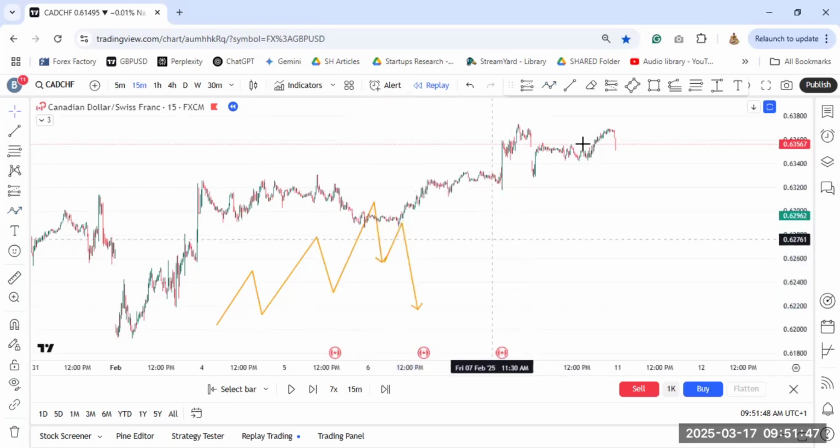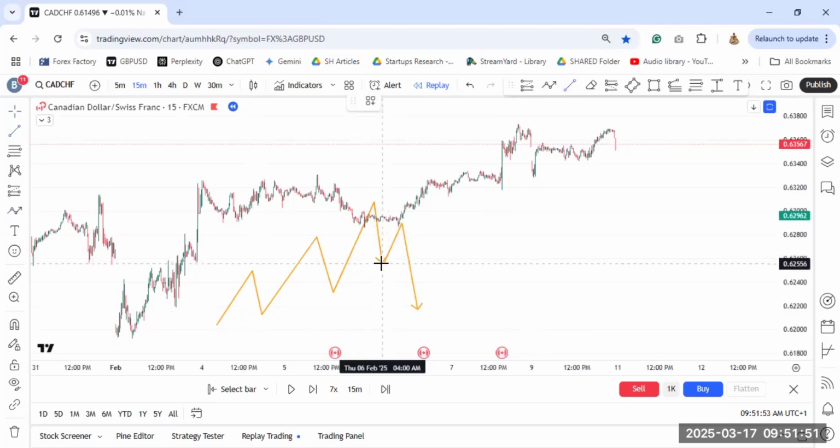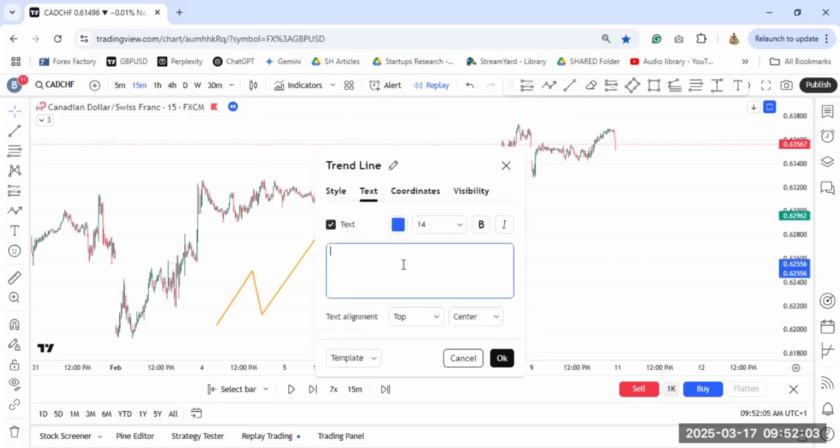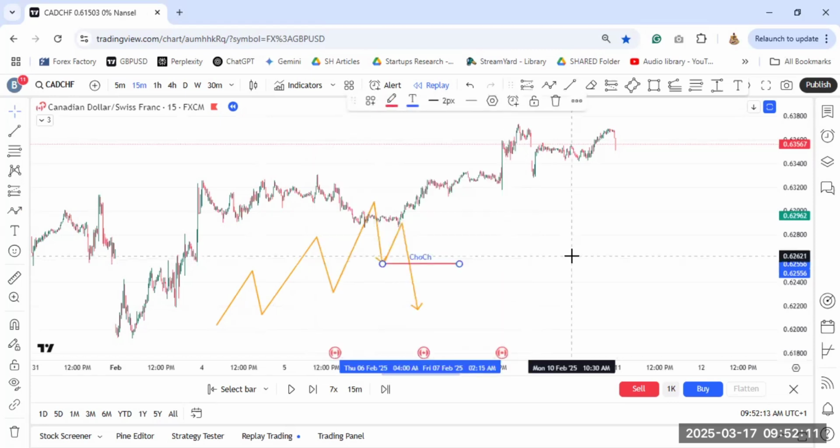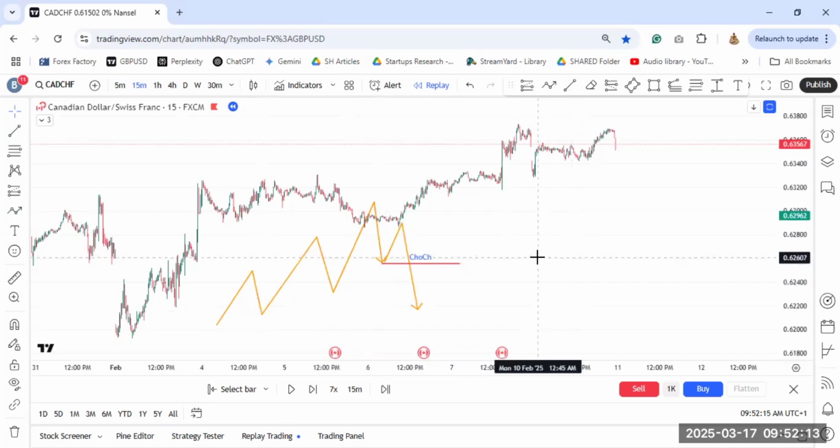And the point for the change of character is this neckline, this point where it started breaking the lows. This is the point that you call a change of character. Let me represent it for you. Some people represent it like this. Okay, change of character. This is how you see it.